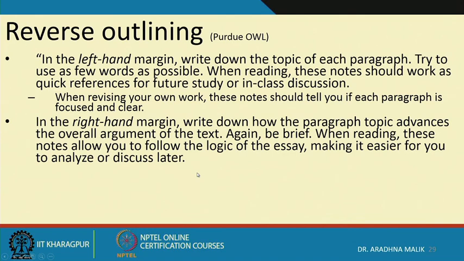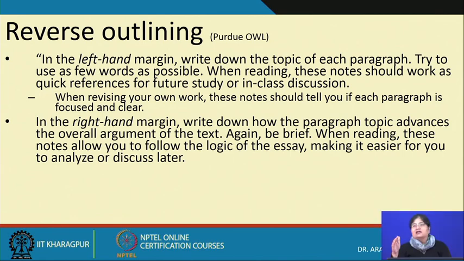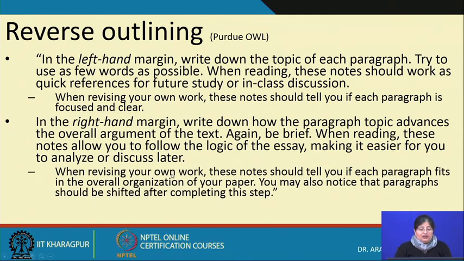So, on the left side, you write down the main headings, and on the right side, write down how this heading relates to the overall picture of your essay. Okay. When revising your own work, these notes should tell you if each paragraph fits into the overall organization of the paper. You may also notice that paragraphs should be shifted after completing this step.